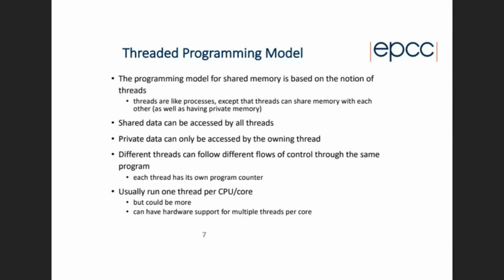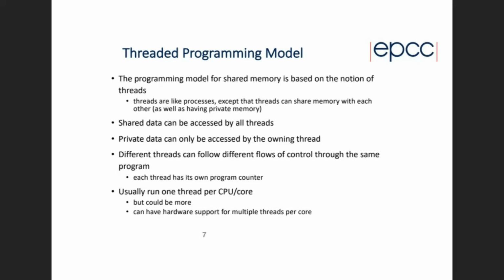Unless you do something very special, separate processes will not share memory with each other. Every process has its own separate memory space. This is not physical memory, this is logical virtual memory. So processes cannot by default share memory. Threads are different in that they can by default have access to some shared memory which they can all access.